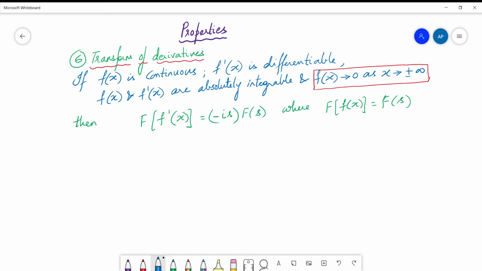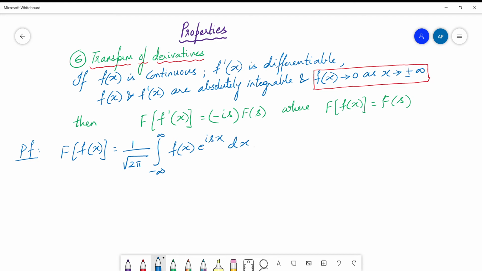We shall first start with the definition. We rewrite the definition as the Fourier transform of f of x equal to 1 by root 2 pi integral minus to plus infinity f of x e power isx dx. We need to now find the Fourier transform of f dash of x.